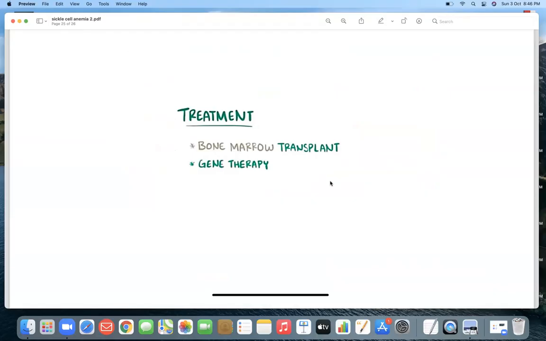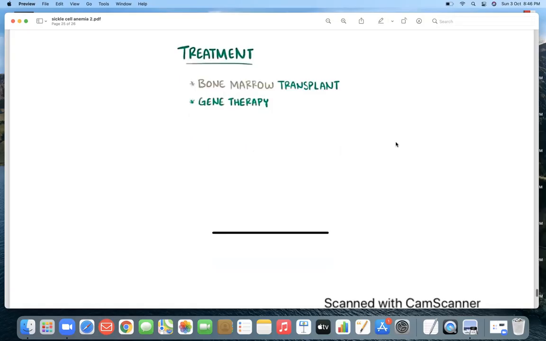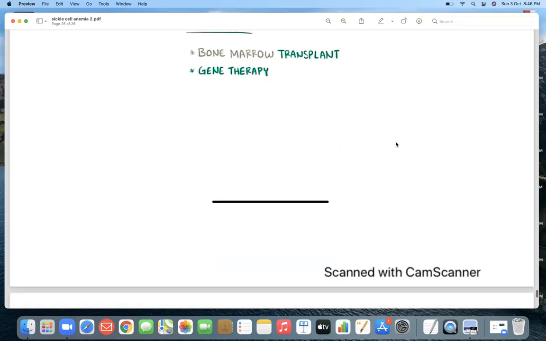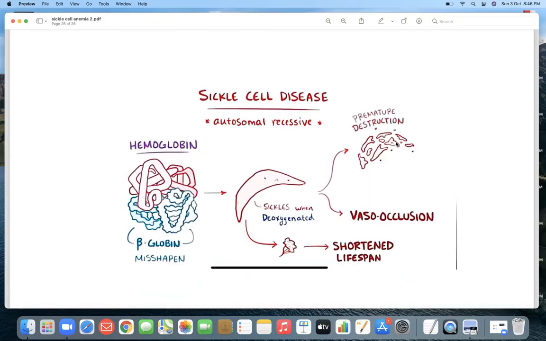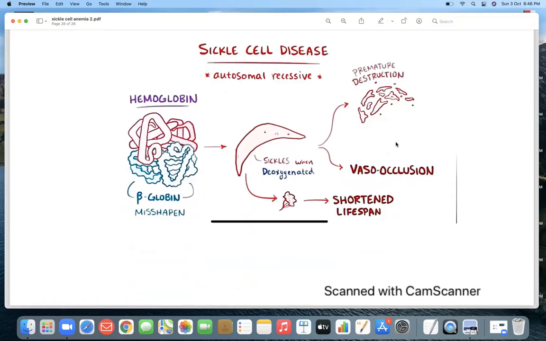It is considered in severe cases only, if you cannot manage medically. They should have allogenic bone marrow transplantation, that is, they should have an HLA matched sibling donor. That's all. Finish.